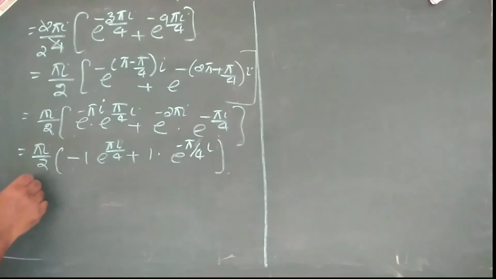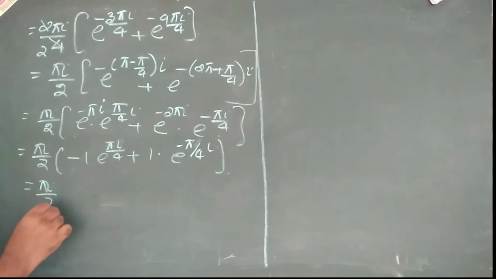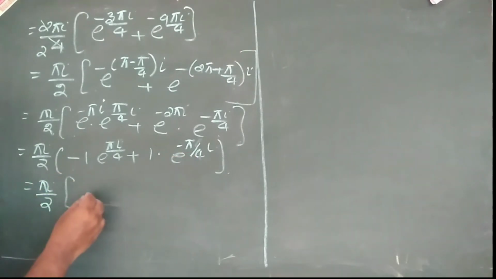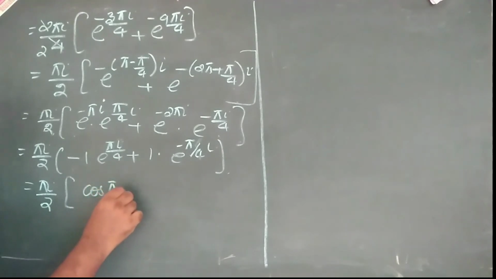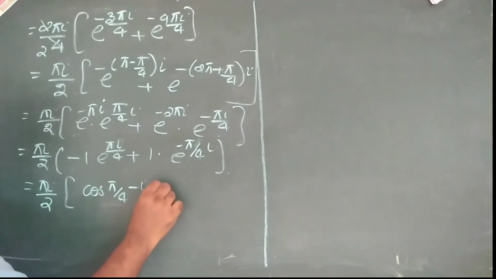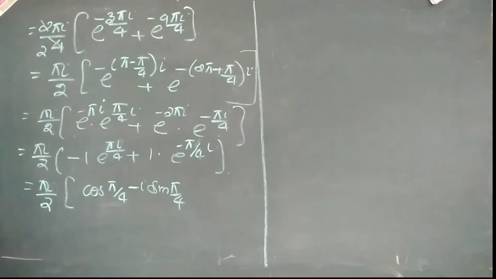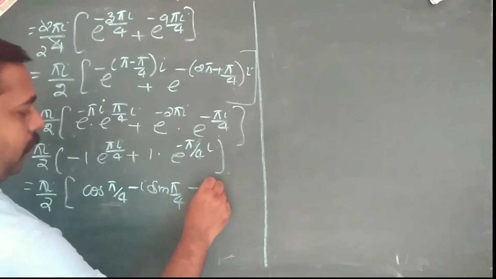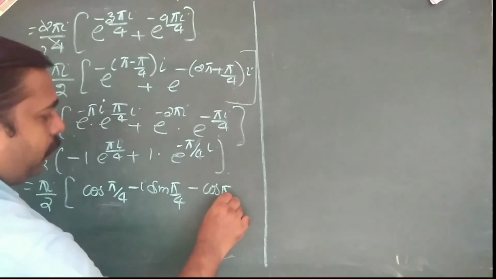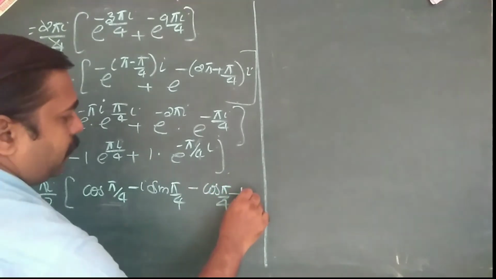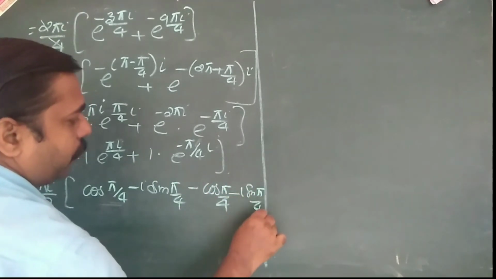So this is equal to pi i by 2. First to write this one, that is cos pi by 4 minus i sin pi by 4. That is the formula e raised to i theta. Then this minus cos pi by 4 minus i sin pi by 4.